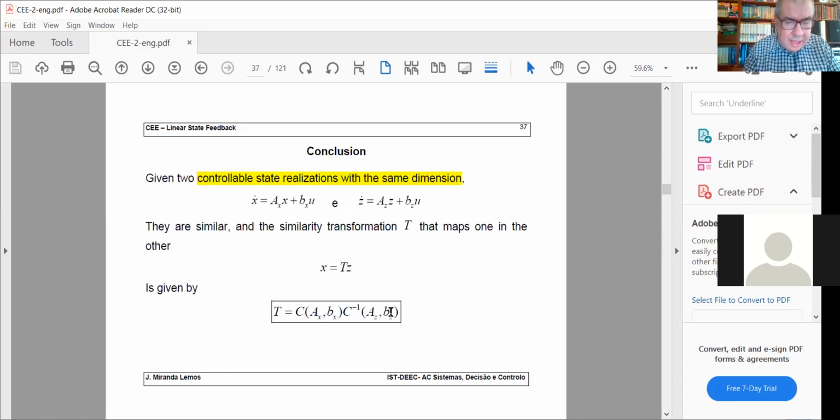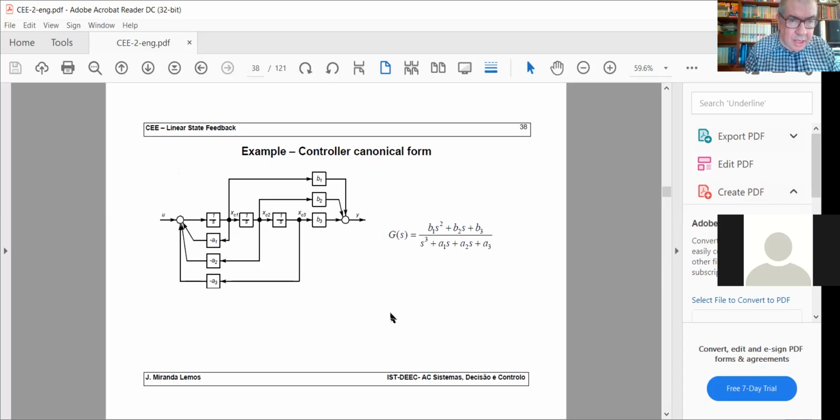Let me tell you still another thing that we are going to use. Well, this is the result. An example of a state realization which is useful. Useful in what sense?